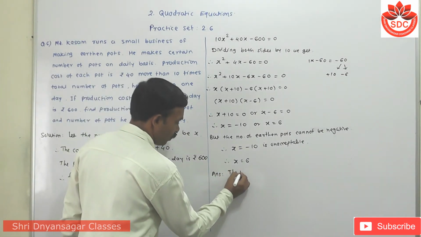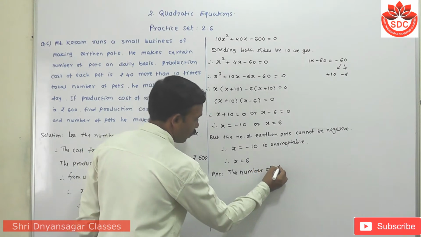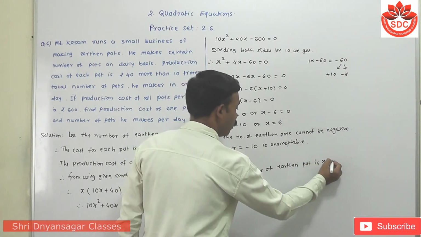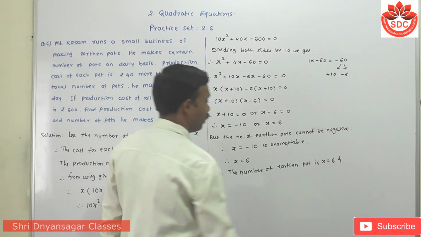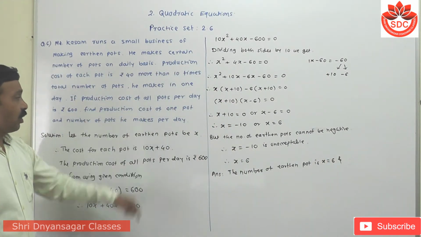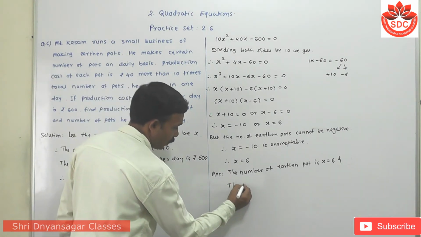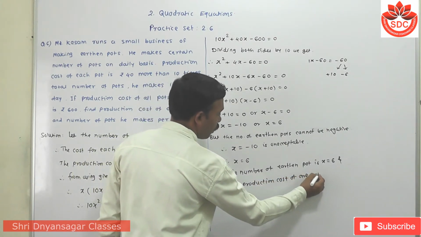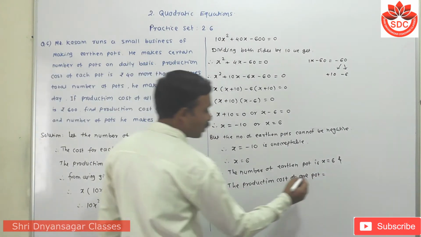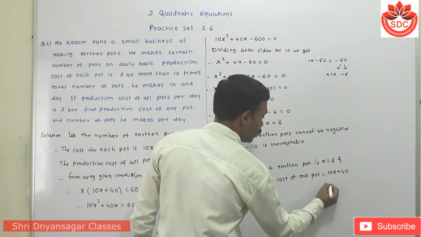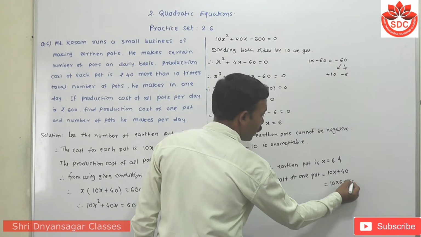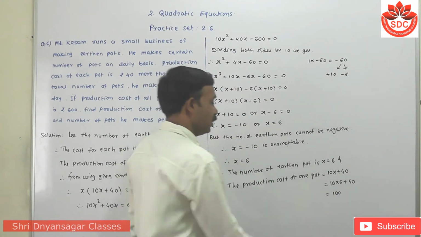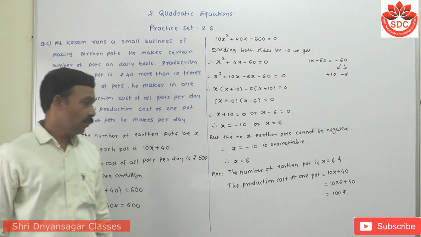Therefore, the number of earthen pots is x is equal to 6, and the production cost of one pot is 10x plus 40, which is 10 into 6 plus 40, that is 60 plus 40, which becomes 100 rupees. Therefore, this is the cost of one pot.